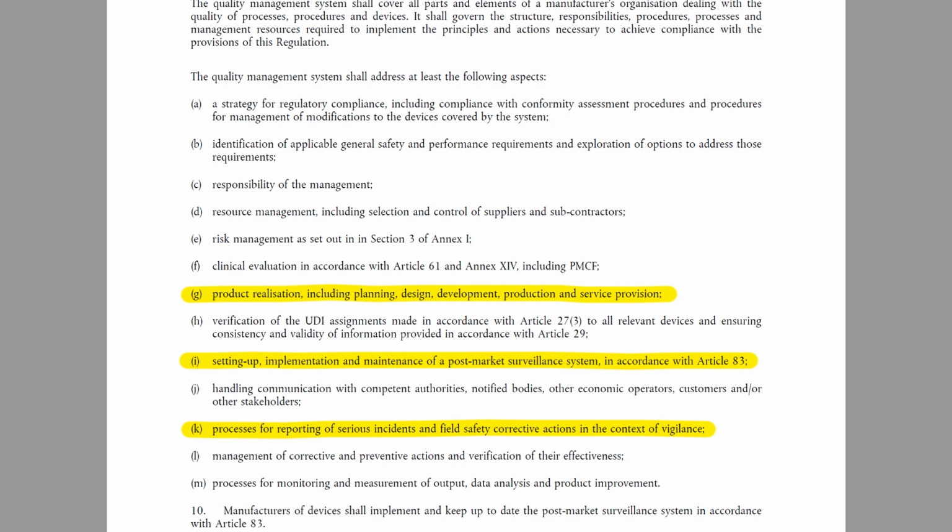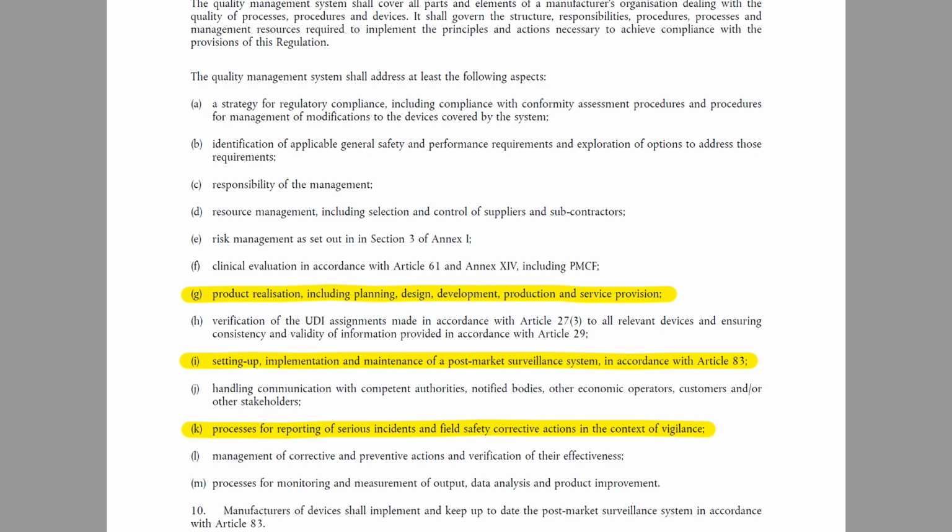The PRRC is responsible for checking that the manufactured products are in accordance with the QMS under which they were manufactured. And this is very much under bullet point G here. It is also the PRRC's responsibility to ensure that the PMS requirements are followed and the reporting obligations of vigilance are done in a correct way.